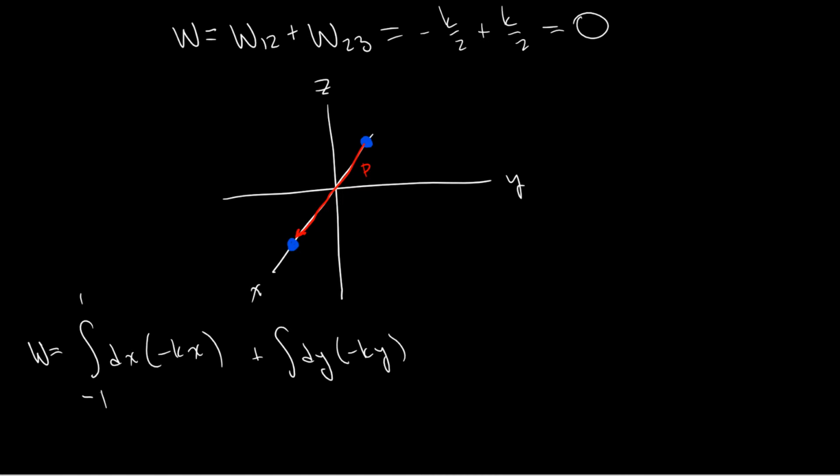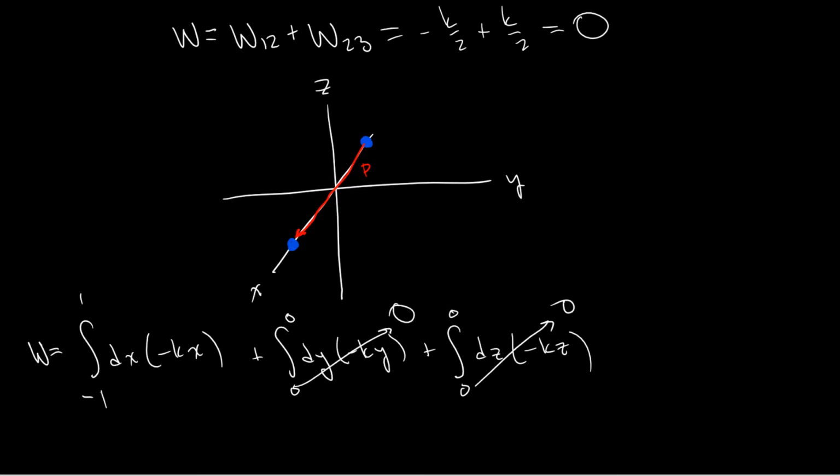But in the y direction, I'm staying at 0 the entire time. I never leave y equals 0. And I also never leave z equals 0. So it's easy to see that these two are automatically just going to give me 0. And so I only care about the work done in the x direction.